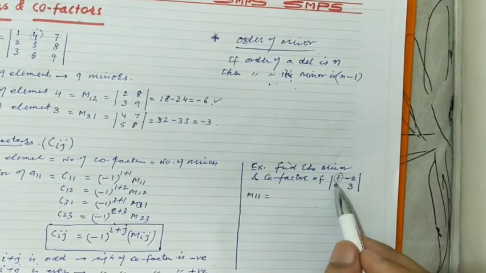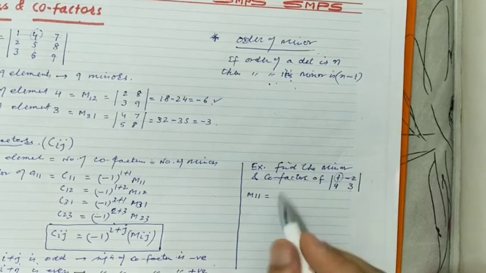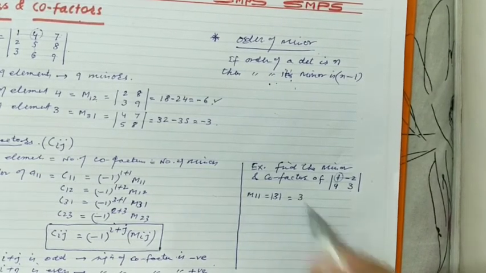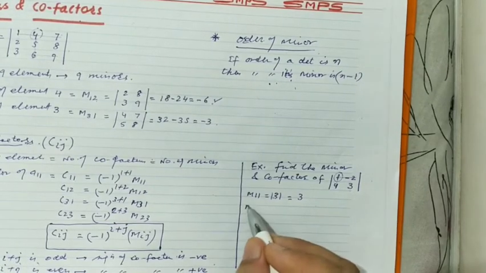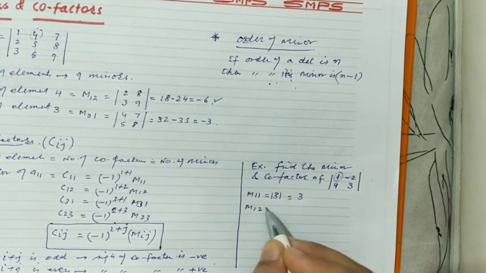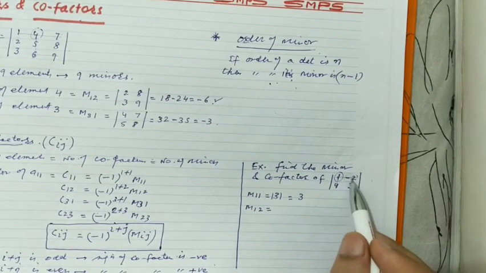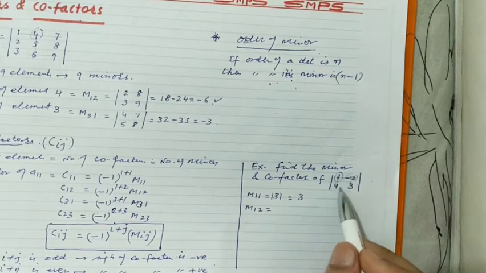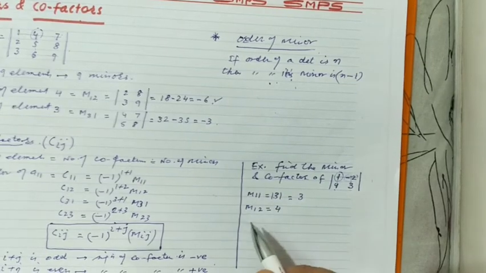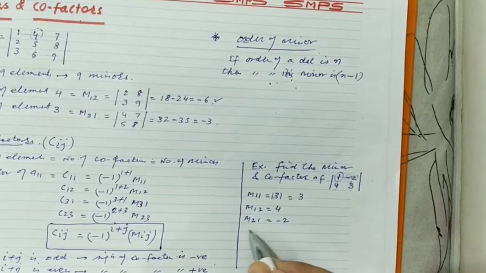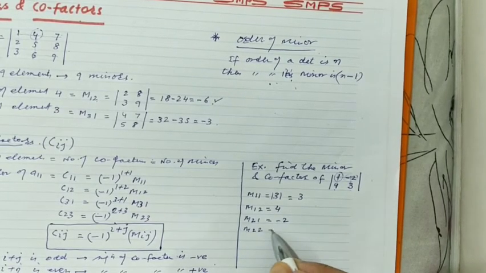Delete this row and this column. What is left? 3. Similarly, M12: delete this column and this row. What is left? 4. Similarly, M21 is minus 2, and M22 is 1.